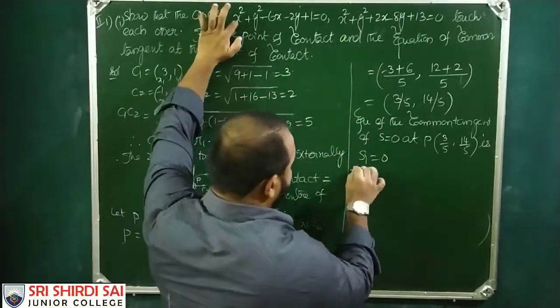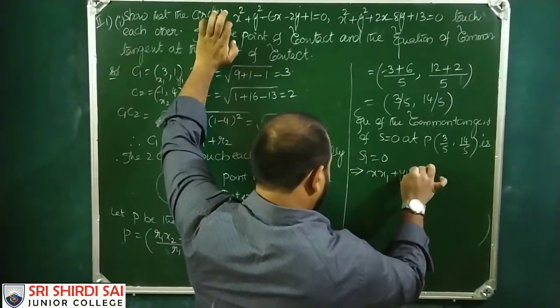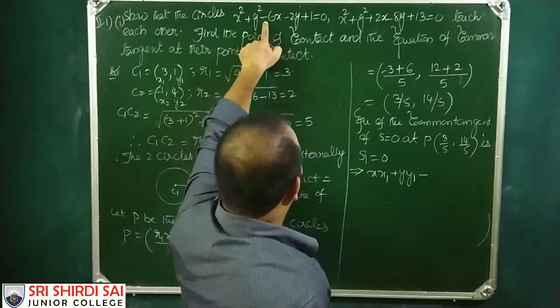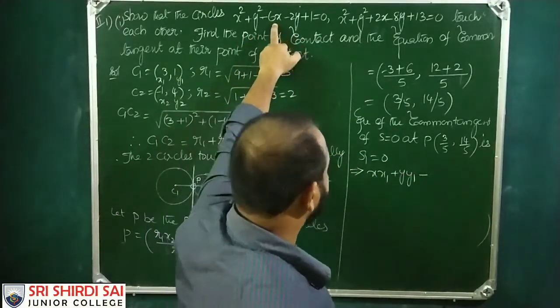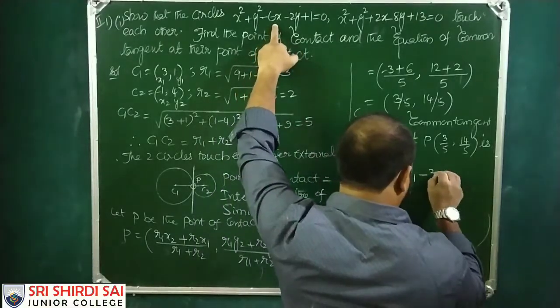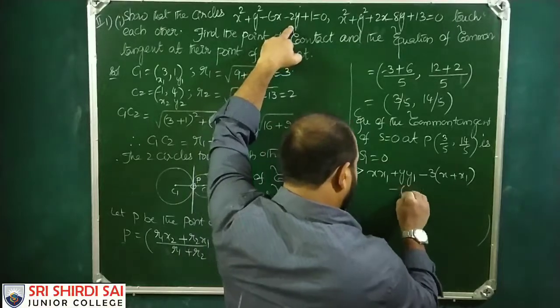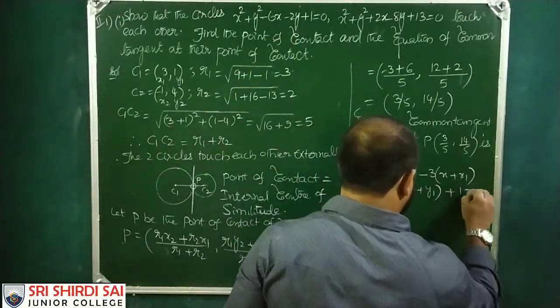So what is S1 equals 0 for this? x·x1 plus y·y1 minus, the sign is same, half of the coefficient of x, that is 6 by 2, that is 3 into (x plus x1), minus of (y plus y1), plus 1 equals 0.